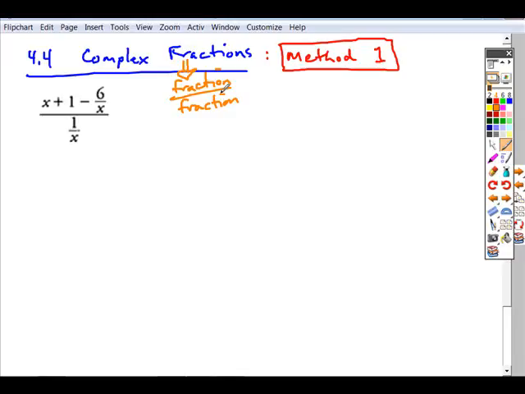Okay, so this first method includes the following steps. The first thing that you're going to do is rewrite each of the individual fractions, so whatever fraction is in the numerator and or denominator, as single fractions.